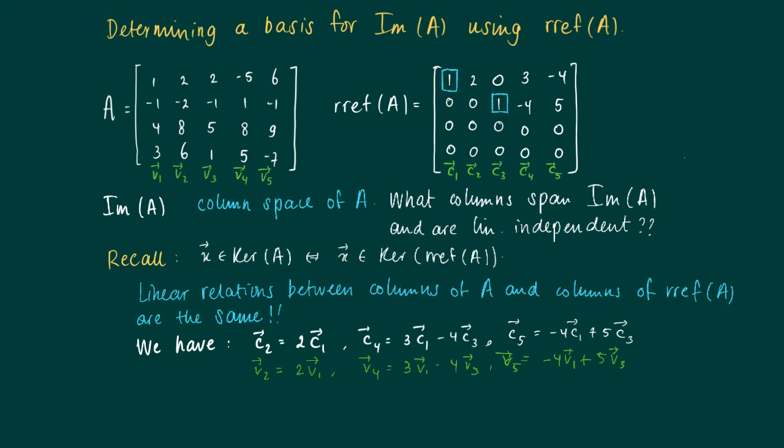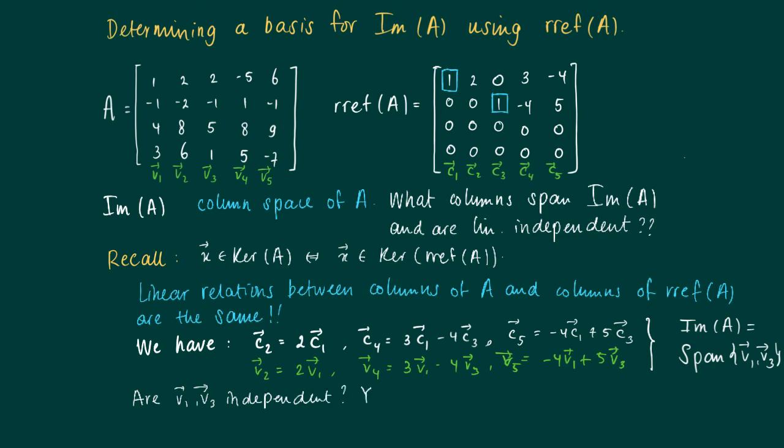And here we see that the second column is 2 times the first column, etc. So from the set of columns V1, V2, V3, V4, V5, we have a couple of redundant ones, that is V2, V4 and V5. So the image of A is the span of V1 and V3. And of course V1 and V3 are independent, since these are pivotal elements.